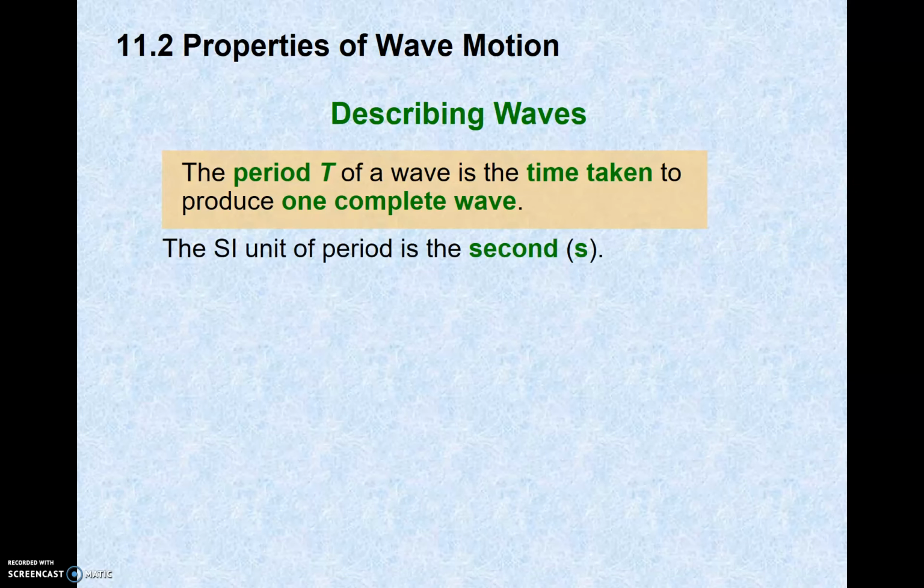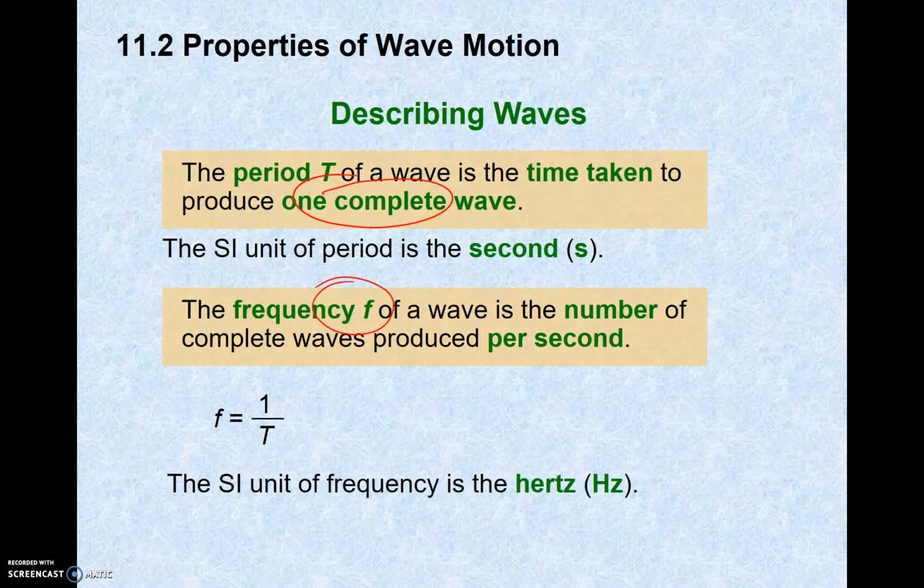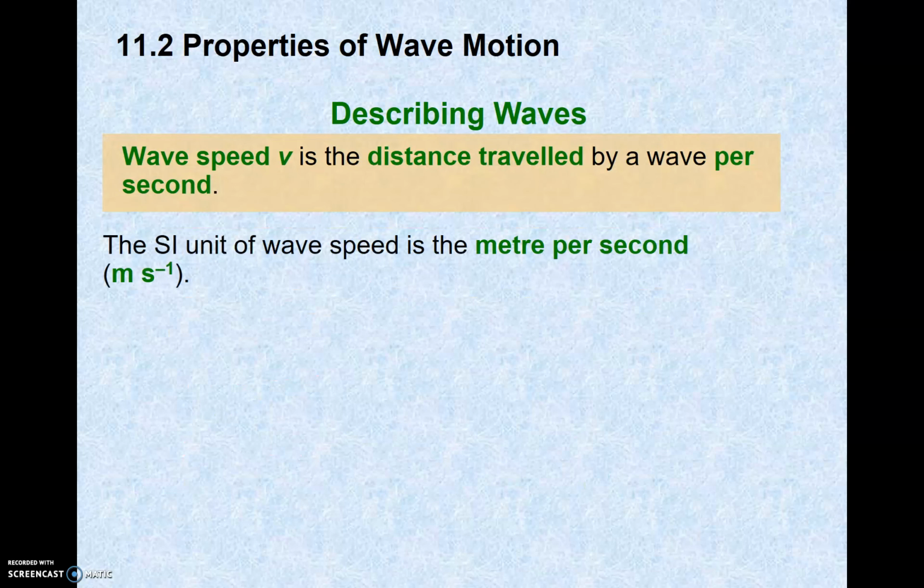After that, we have period. Period is the time taken for one complete oscillation. And the reverse of it is frequency: in 1 second, how many waves can I produce? They are related to each other, but defined differently. So take note of the formula: f equal to 1 over T, where period is capital T. The unit of frequency is Hertz.